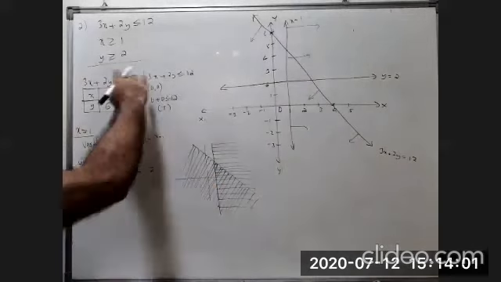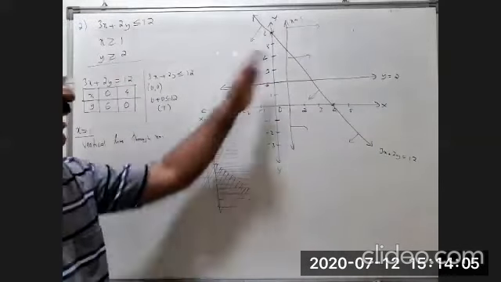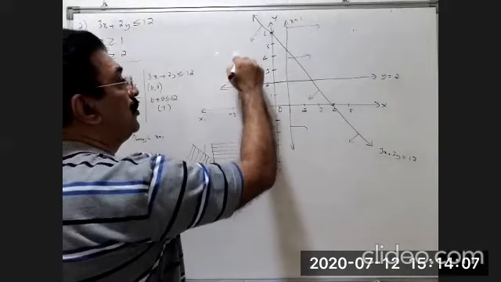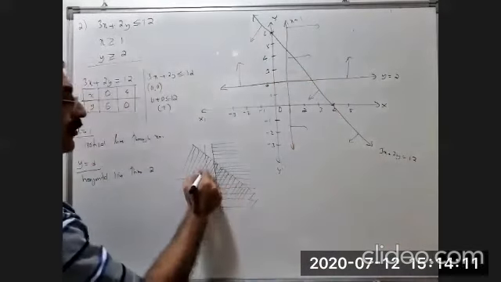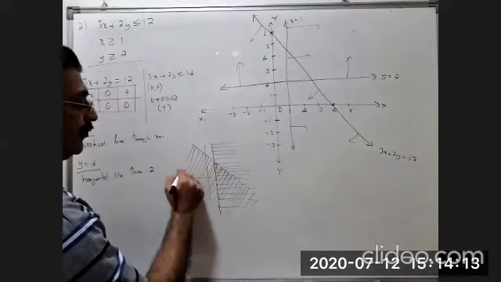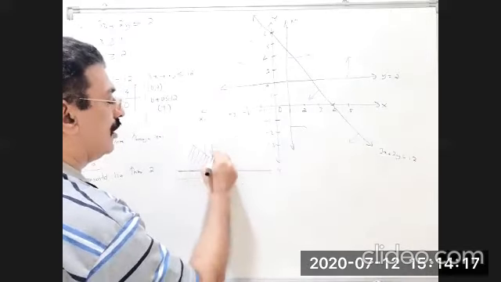Then y greater than 2. This is y is equal to 2. Y greater means upward, towards upward. That means, see in this one, above this.